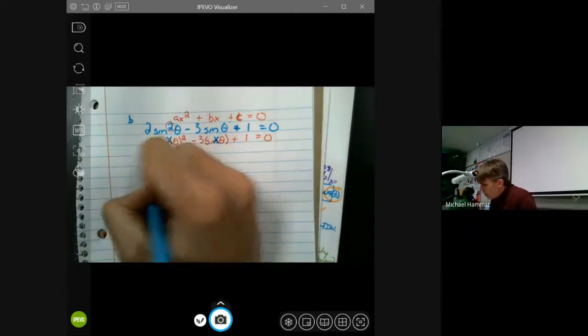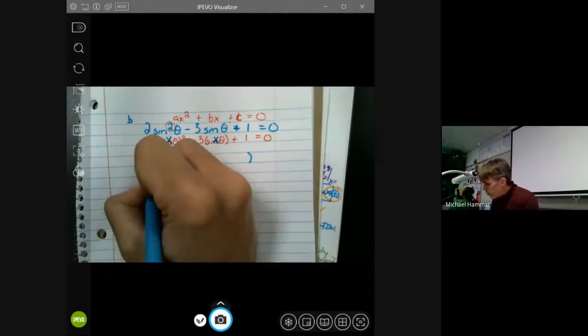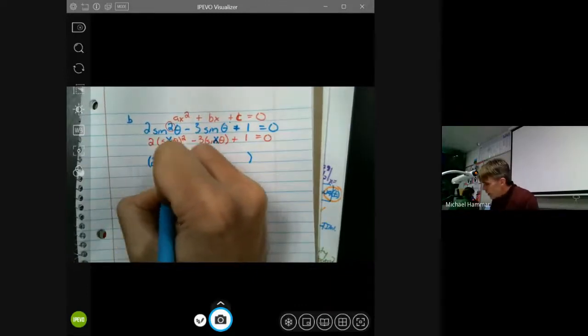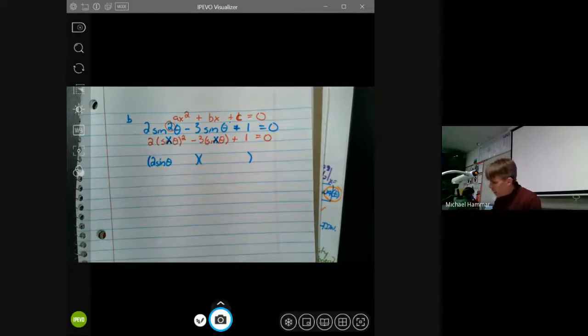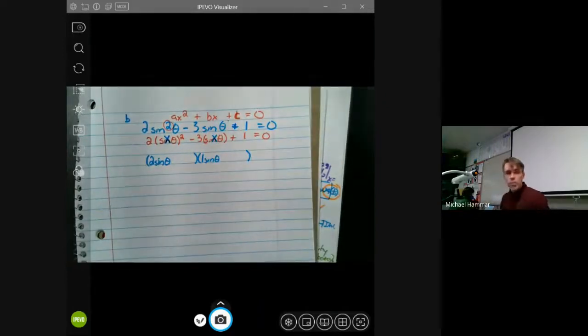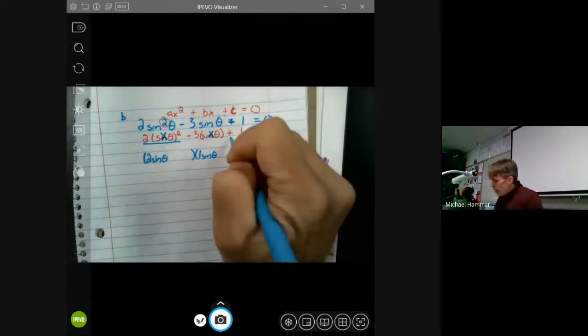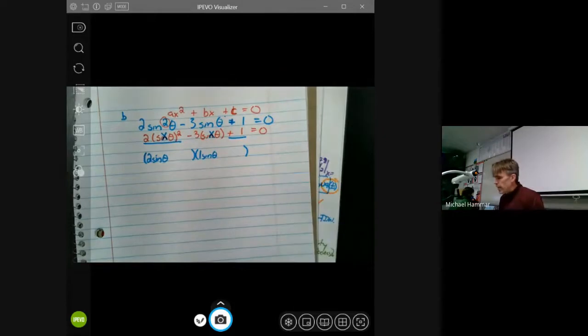So let's go ahead and factor this. If I have 2x squared, I know I'm going to have 2 sine of theta in the first one, and I know I'm going to have 1 sine of theta here, because I have to split up this first x squared part. And now I need to figure out what I'm going to do with that. Well, remember when you factor, we do the guess and check method.